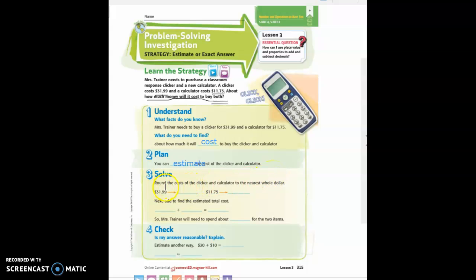So let's solve. Okay, round the cost of the clicker to the nearest whole dollar. So let me get my pencil again. Okay, so I'm going to go ahead and round to the nearest whole dollar. So here I'm going to round my ones place.